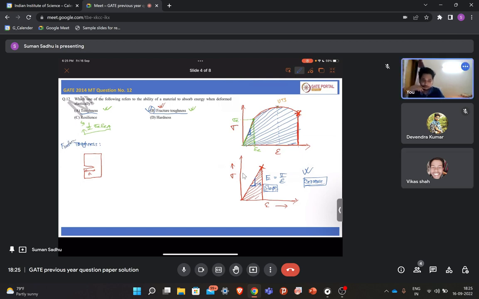So now, let's say your sample has a small crack and the length of this crack is a. It may be of two types. One may be the edge crack or one may be the crack in the center. This is 2a. So now if you are loading your sample like this, how will be the stress line?